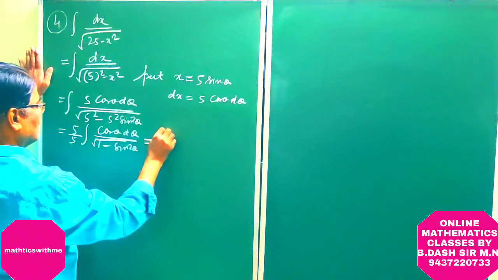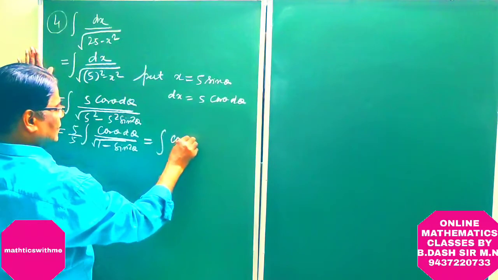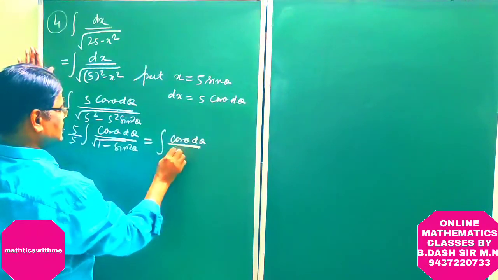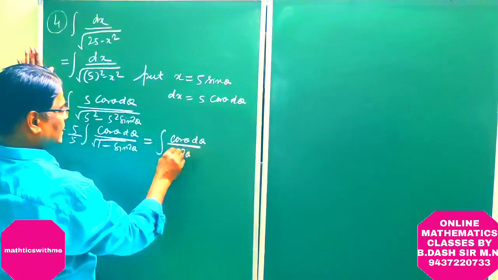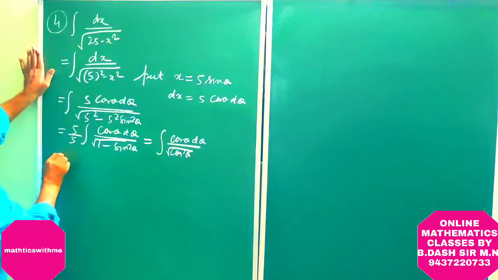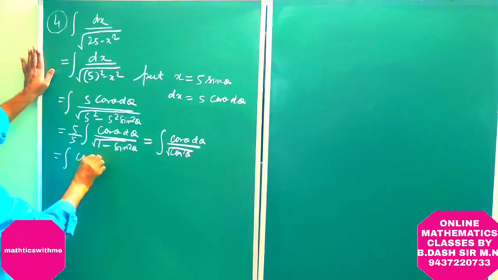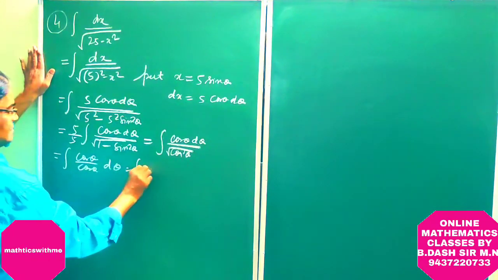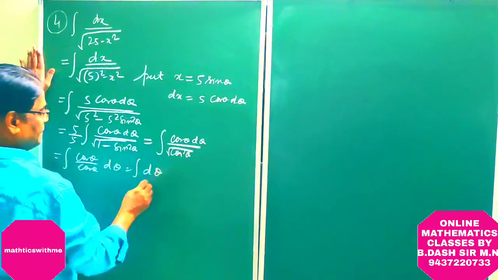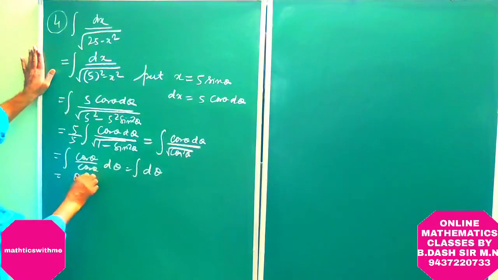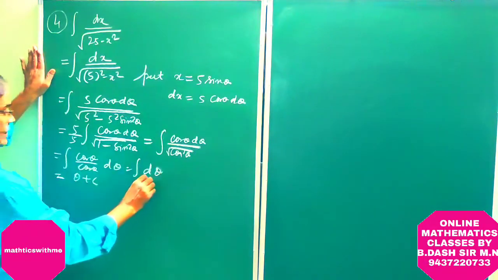So this is equal to integration cos theta d theta divided by root over cos square theta. This is equal to integration cos theta by cos theta d theta, which is equal to theta plus c.